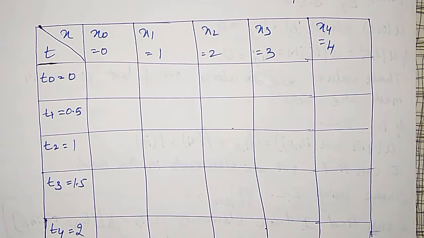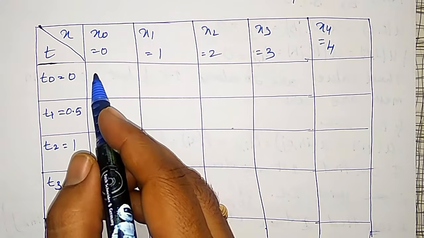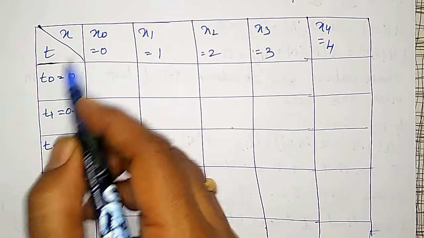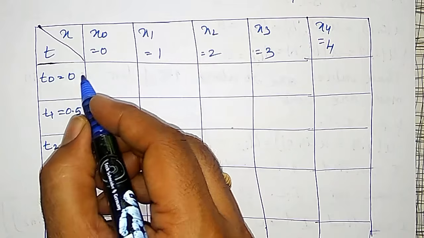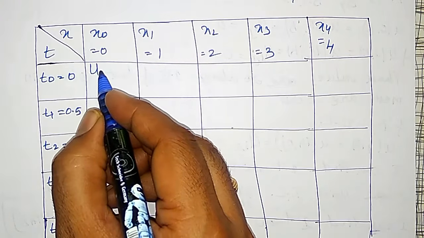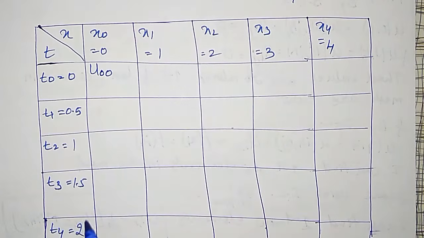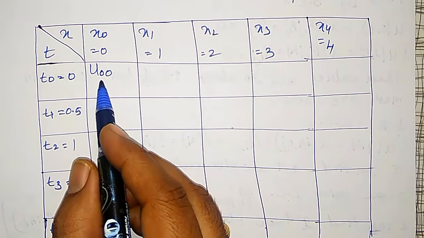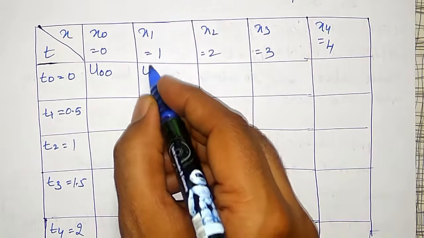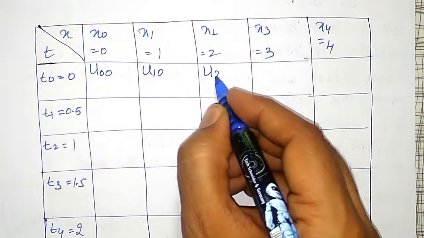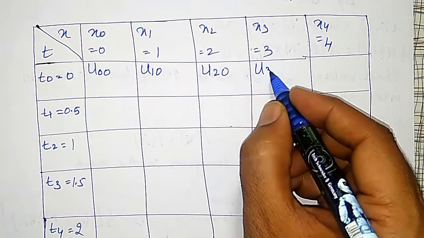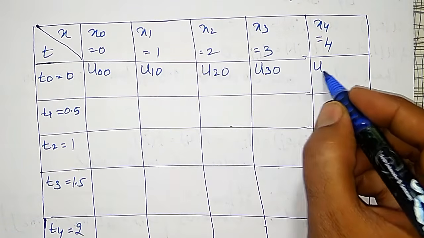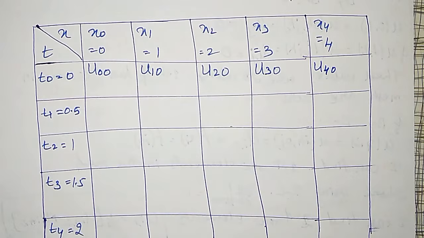Now using these values, the suffixes I am going to use as notation. Therefore, the first one will become u(0,0), that is x = 0, t = 0, therefore its notation is u00. This one is u10, this is u20, this is u30, and this notation is u40 I am going to use.